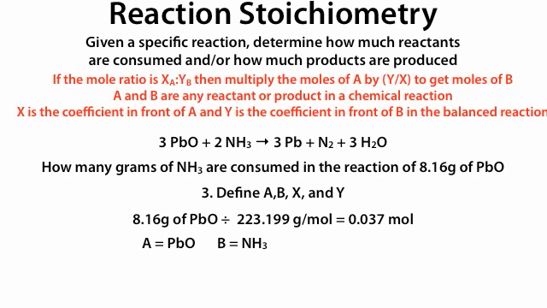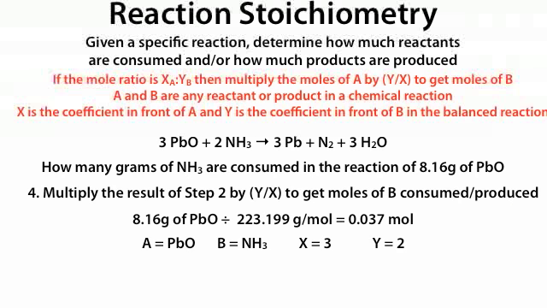From there, X is 3 because X is the coefficient in front of A. In this case, A is PbO, and PbO has a coefficient of 3 in front of it in the balanced reaction. Y is the coefficient in front of B, or NH3, which is 2. So Y is 2.